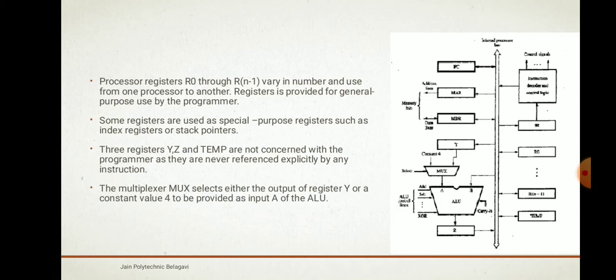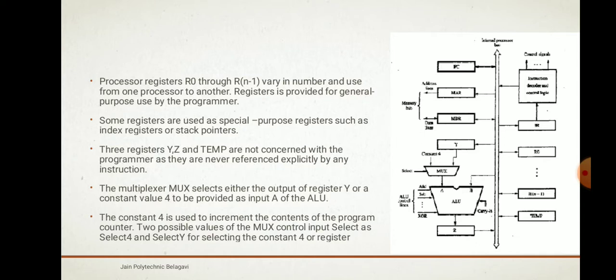Now the multiplexer, that is MUX, selects either the output of register Y or a constant value 4 to be provided as input A of the ALU. So the multiplexer takes a constant value 4 as well as the output of register Y as its two inputs, and the output will be provided as input A to the ALU.